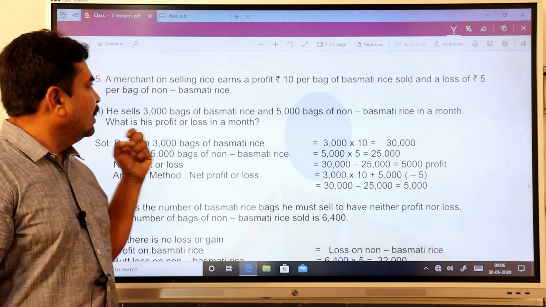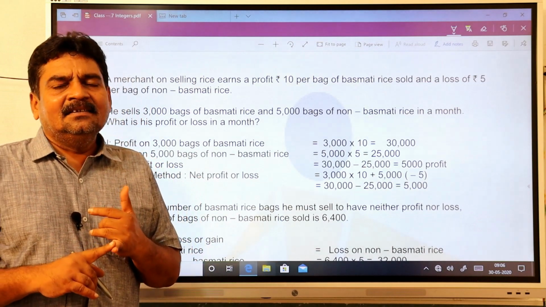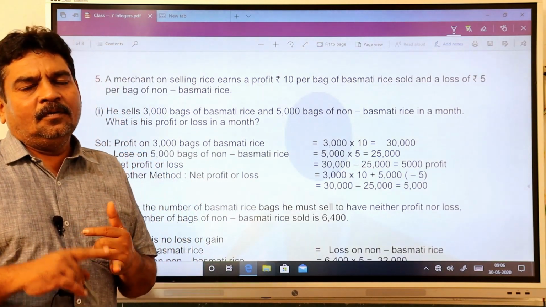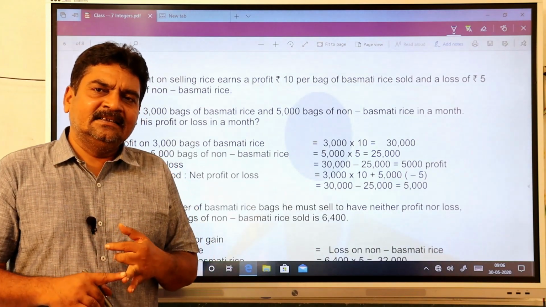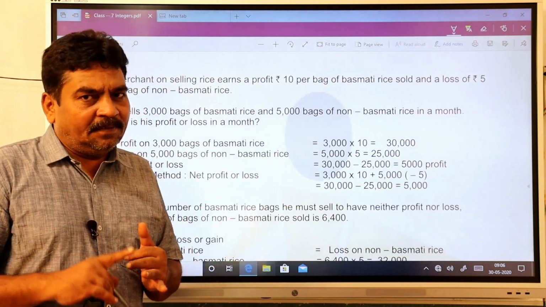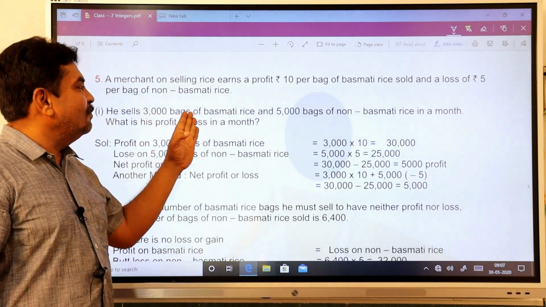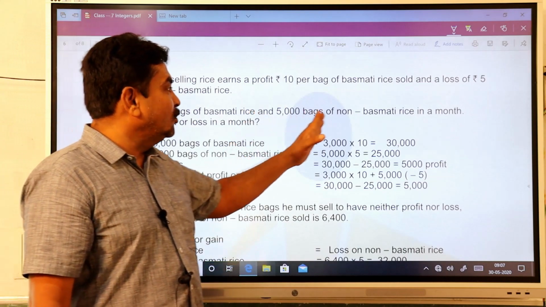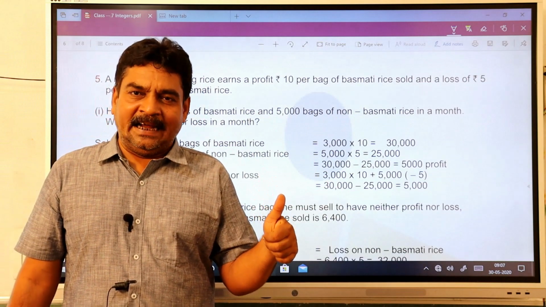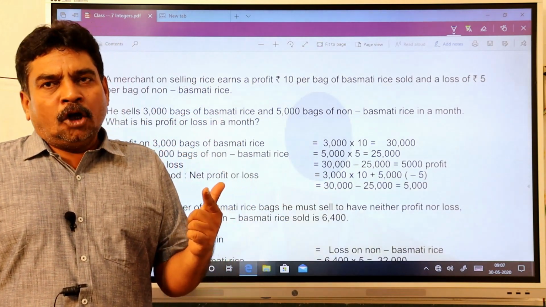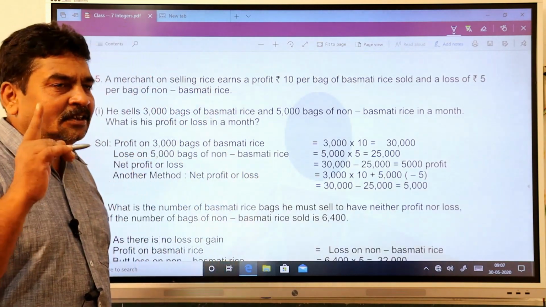So, when a merchant sells basmati rice, per bag he gets a profit of rupees 10, and when he sells non-basmati rice, he gets a loss of rupees 5. The question is, he sells 300 bags of basmati rice and 5,000 bags of non-basmati rice. For basmati rice, he will get 10 rupees per bag, and for non-basmati rice, he will lose 5 rupees on each bag.